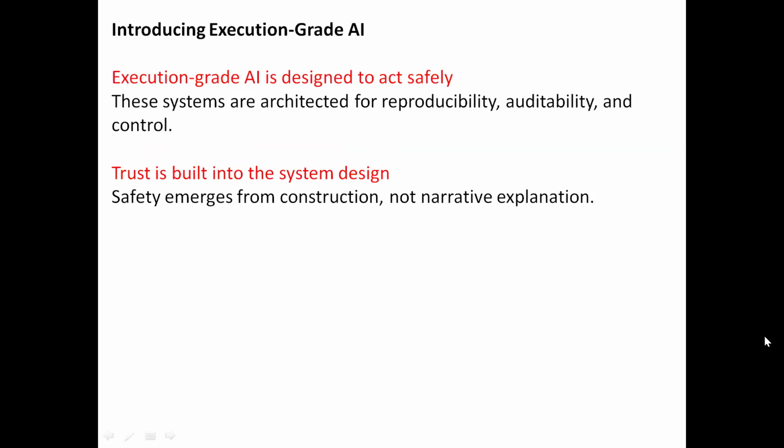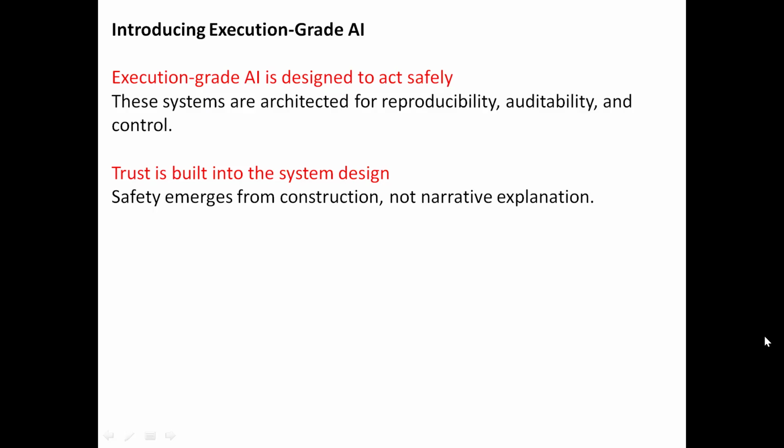And so we call it execution grade AI. Execution grade is designed to act safely, architected for reproducibility. I think Steve will explain that for one input you should get the same answer, right? You will test that.